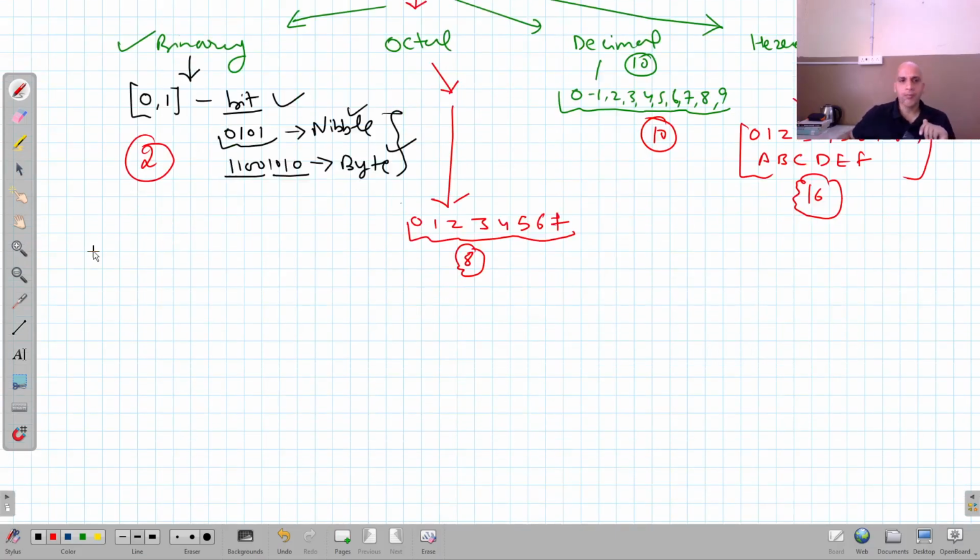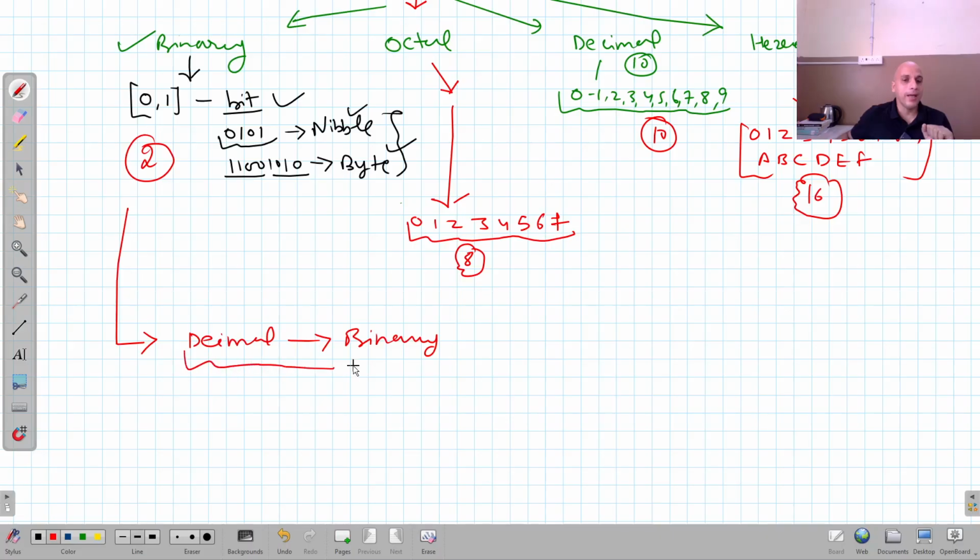Suppose I am given a binary number and I have to convert it into the corresponding decimal number. I have to learn the process of how I can convert a given decimal number, because decimal is the commonly used number, to binary. First of all, we should know it.